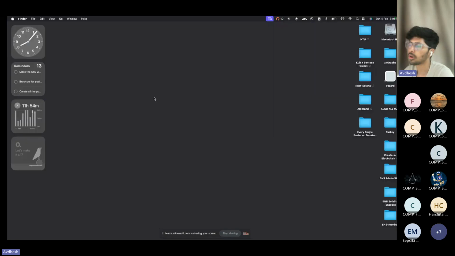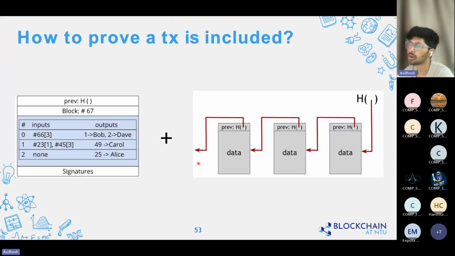Okay, so there is something we'll discover now, called a Merkle tree. As you know, we are bound by space and time. What I mean is that you cannot have all the transactions of the whole blockchain in one block; you'll have to distribute them, and there is a limit to how many transactions a block can hold.